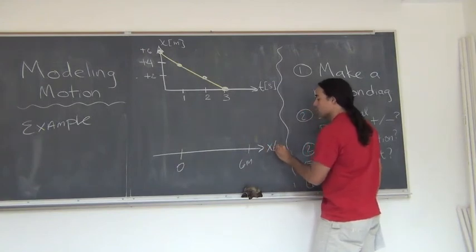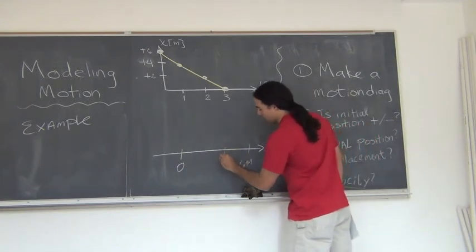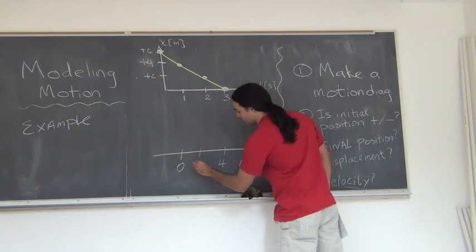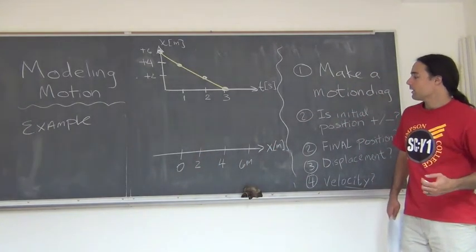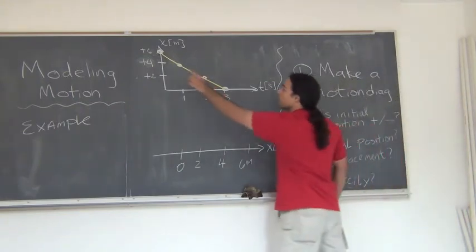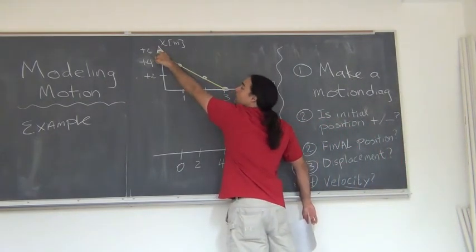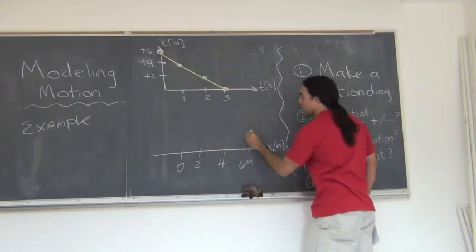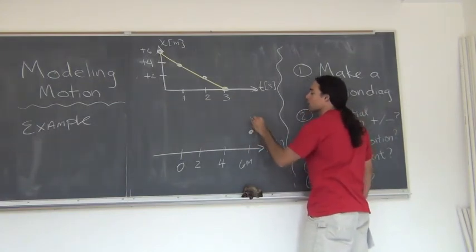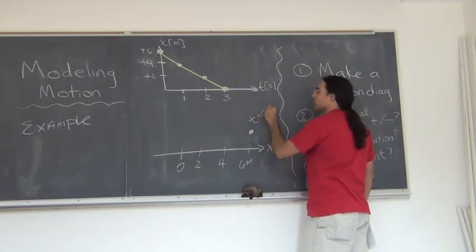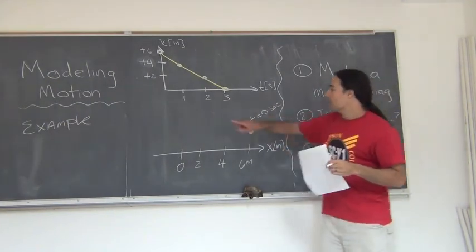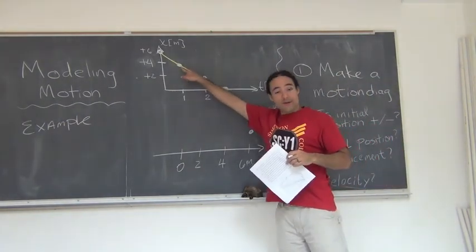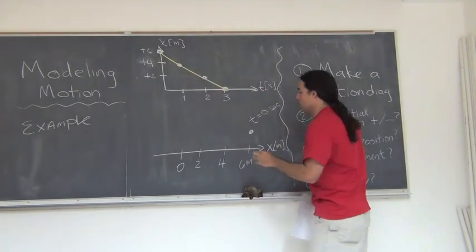X is going to be in meters. Let's say that's 4 meters. Let's say that's 2 meters. Now I look up here. I start at x is 6 meters. So I'll say here you are, t equals 0 seconds. After 1 second, we're now at 4 meters.